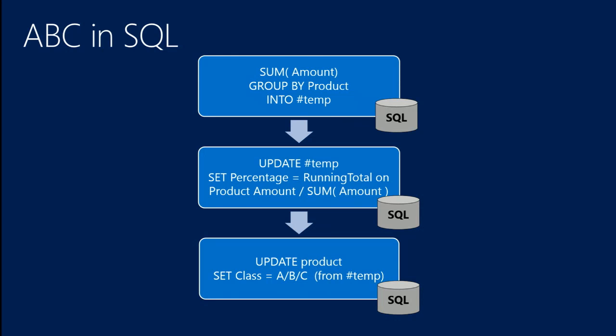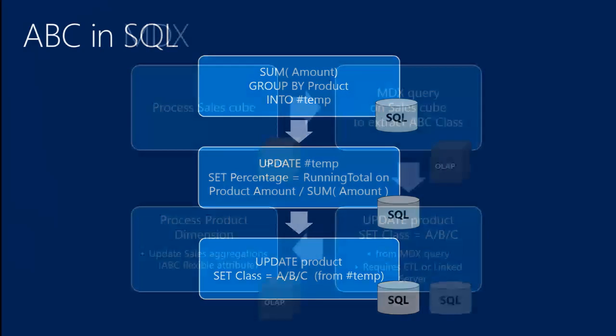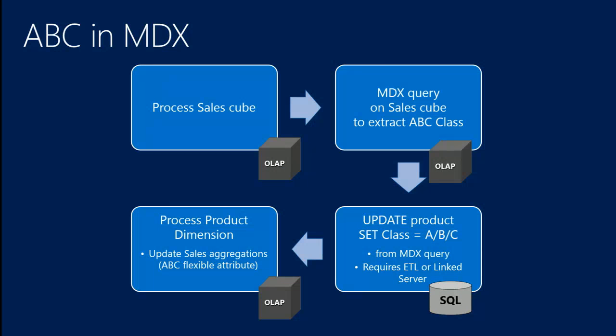So I did that for a customer a few years ago, and I used a different technique. Since computing the set of products which are in class A, B, or C is pretty easy in MDX, what I did is a different thing. I processed the sales cube without the ABC class.